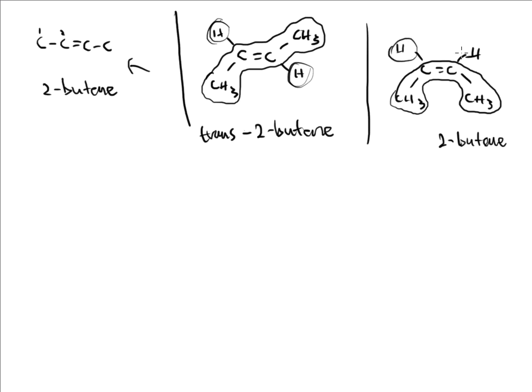And the hydrogens here are pointed both up. If they both point down, it's the same thing. They both point in the same direction. And in that same direction, that prefix is going to be called cis. So that is a cis-2-butene.